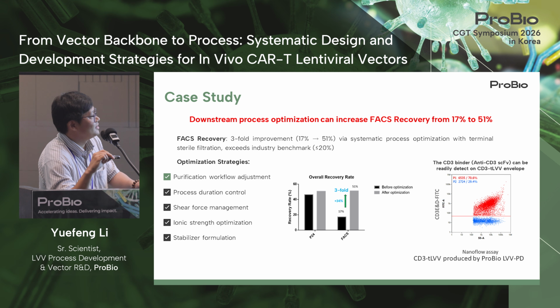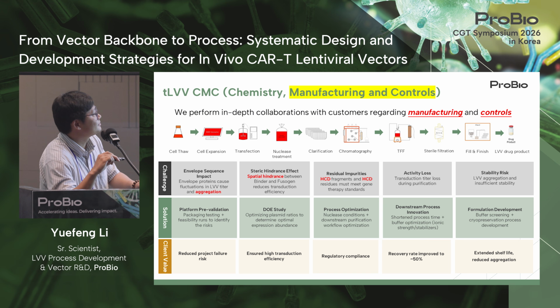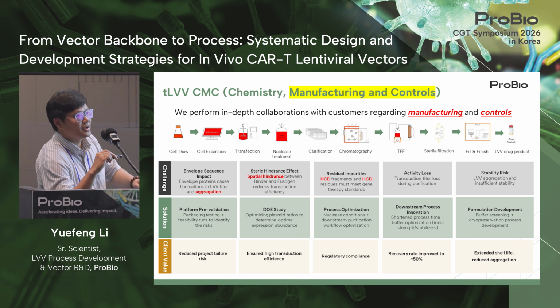After we do this optimization, we can increase the titer normally 3 times in our process. So there are challenges in all aspects of LVV production, upstream and downstream. But we will work with the clients to go through all these optimizations to make sure the recovery is awesome, or at least acceptable.